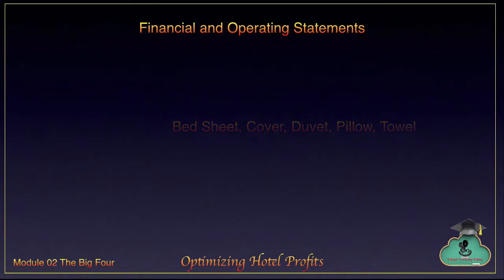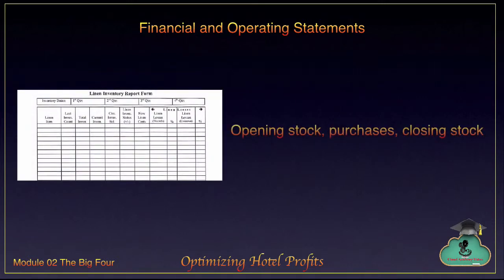For each of these items, an opening stock, purchases, total stock, circulating stock, discarded quantity, closing stock, to name just a few dimensions, are recorded on a monthly basis. So this is an operating statement which focuses on the housekeeping function of linen inventory management. This report is normally stated in quantity terms, although it may also have cost assigned to quantities additionally.